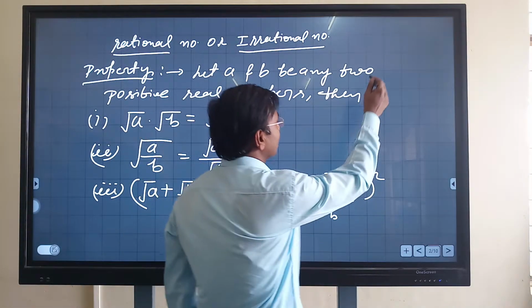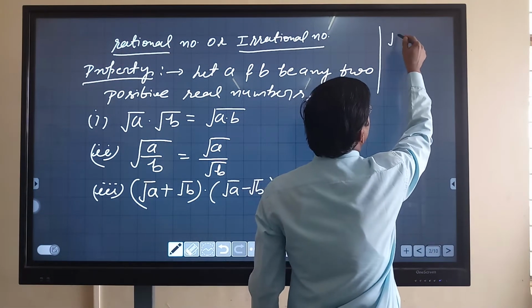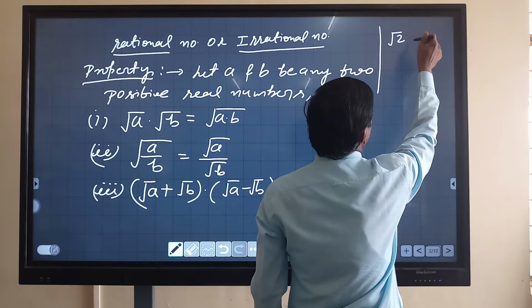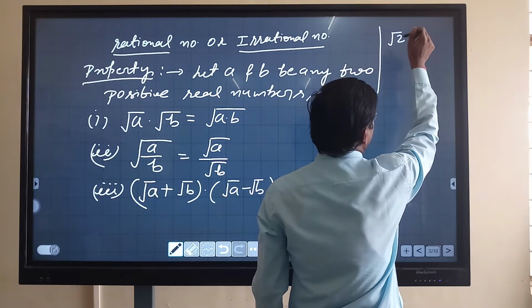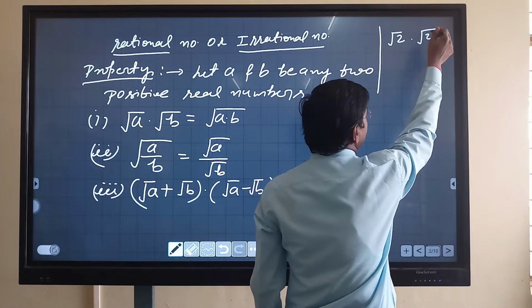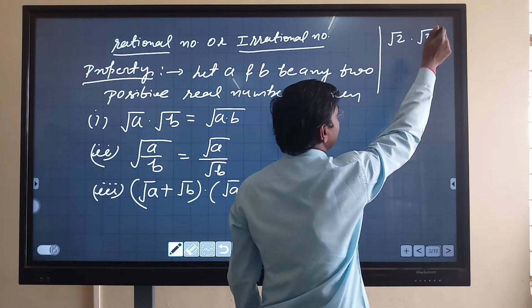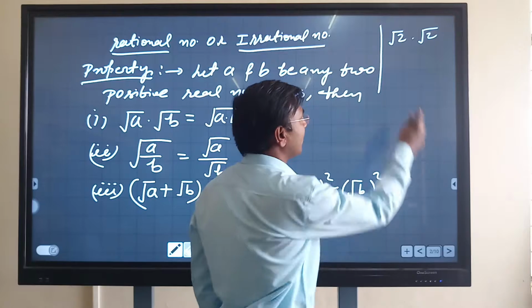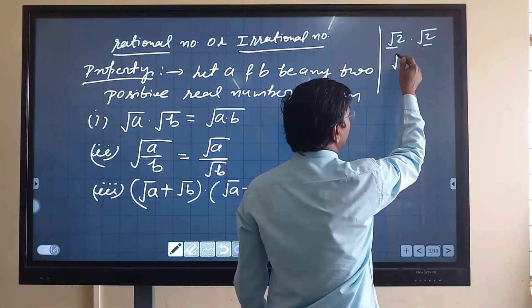For example, I will show you one example. Under root 2, this is the first irrational number, and the next irrational number I have taken, suppose, is under root 2 again. Both are irrational numbers. So the product comes what?